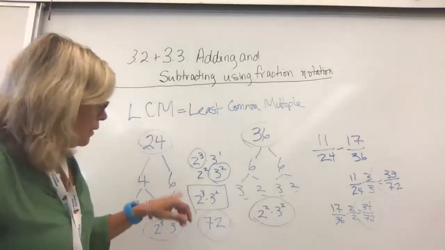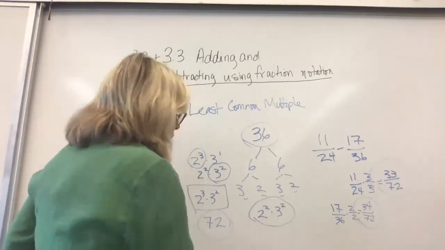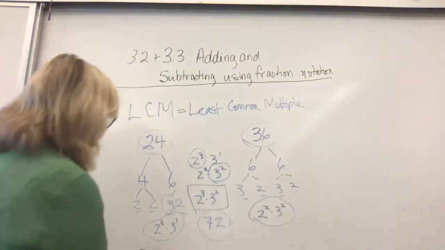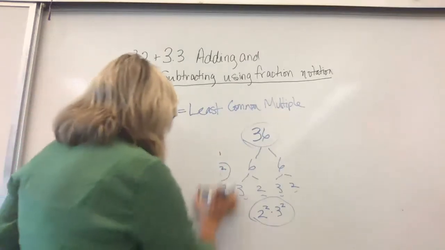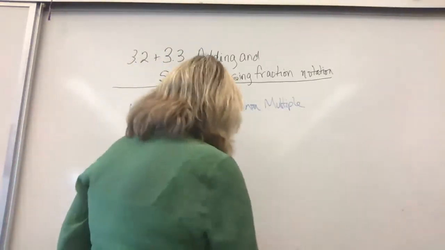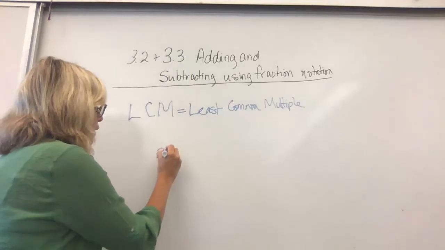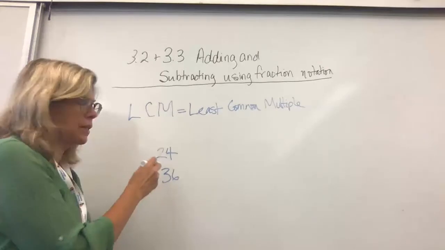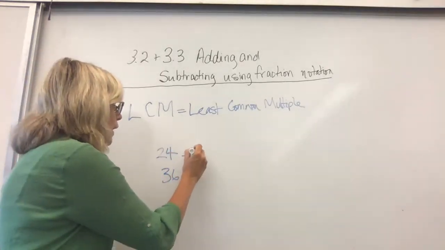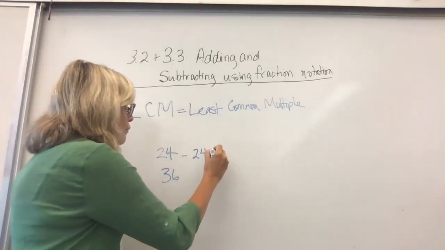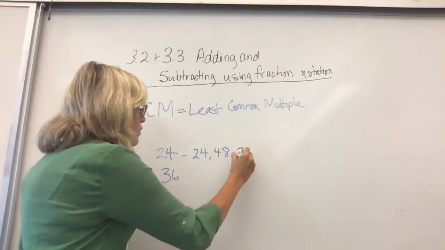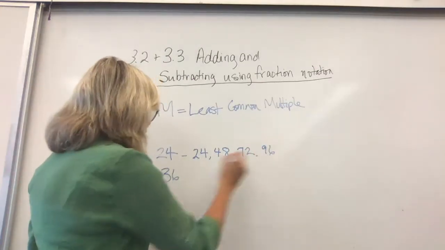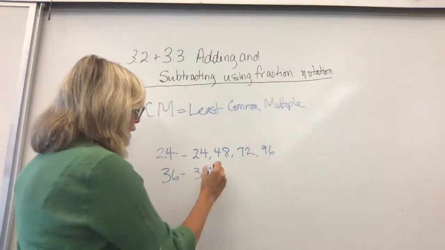There's another way to do this that I somehow always end up doing because I forget how easy things can be. Suppose you have 24 and 36. If the numbers were pretty small, you could always say, okay, I know 24, 48, 72, and then there's some more, 96, and I know 36 and 72.